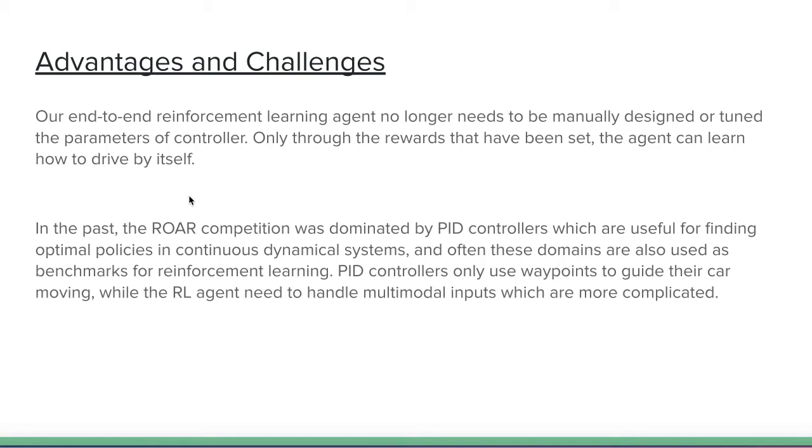Only through the rewards we have preset for the map, the agent can learn how to drive by itself. Additionally, our reinforcement learning agent handles multimodal inputs, including the vehicle's velocity, location, and the occupancy grid map from the environment, which are more complicated than before.